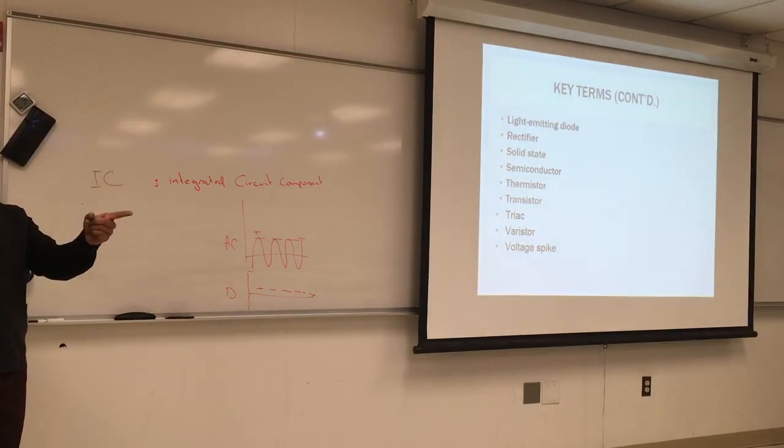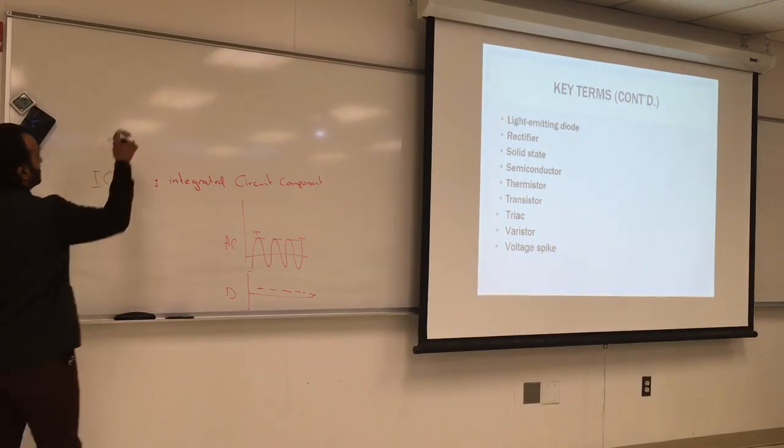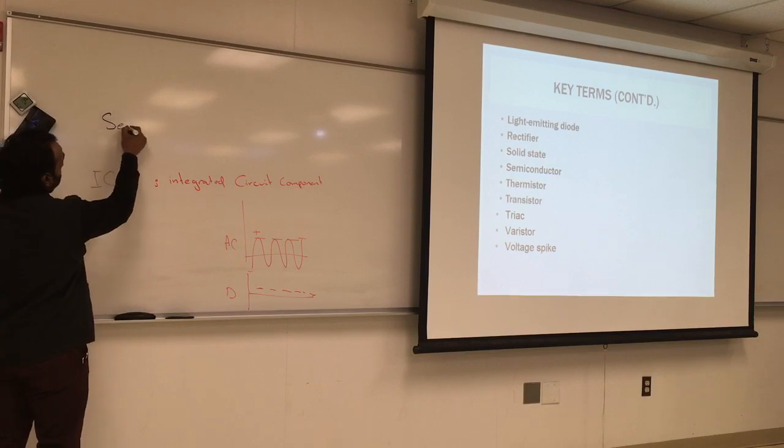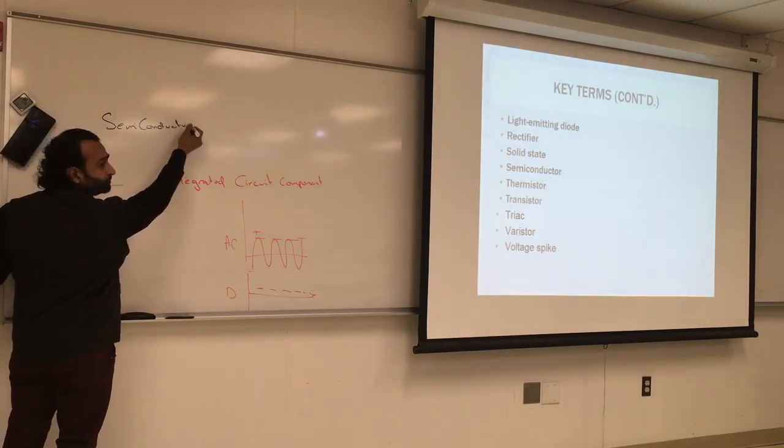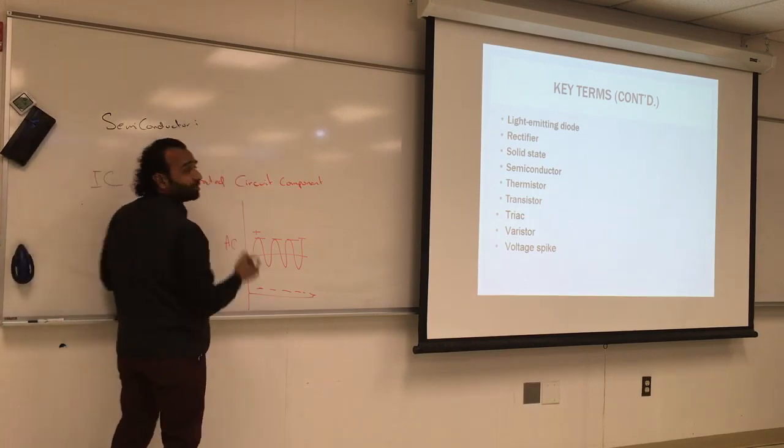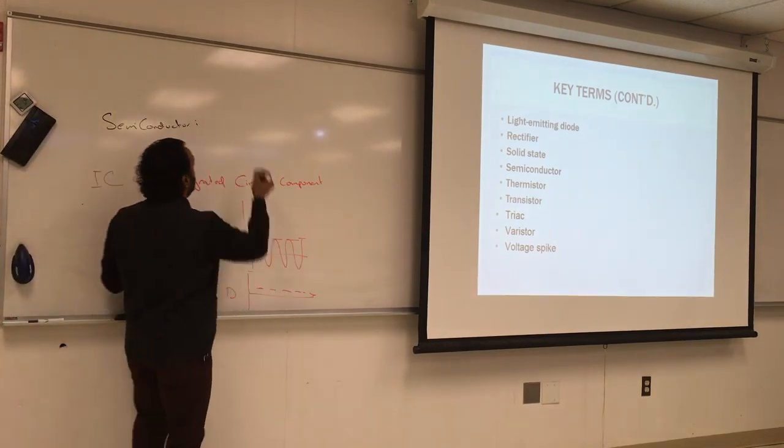Basically, a diode is a semiconductor. Semiconductors have electrical conductivity between that of an insulator and a metal. So it's not a conductor, it's not an insulator, it's a material in between.